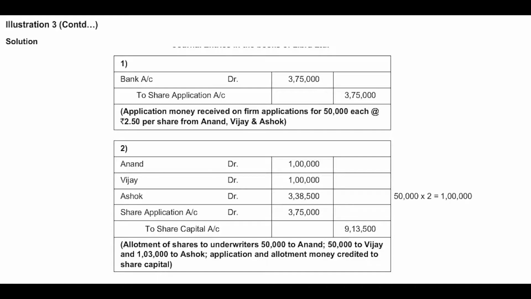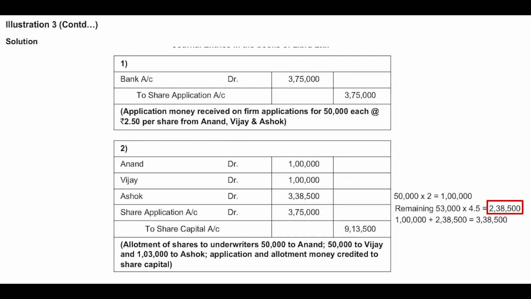So 1 lakh rupees for that, and for the remaining 53,000, which is the additional liability due to non-subscription from the public, 53,000 multiplied by 4.5, because the total amount needs to be paid now by Ashok. So 53,000 multiplied by 4.5 will give you 2,28,500, and adding 1 lakh on the firm underwriting of 50,000, the total will be 3,38,500.